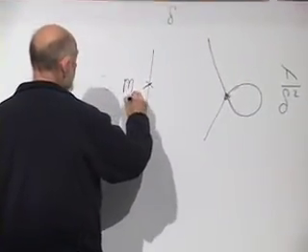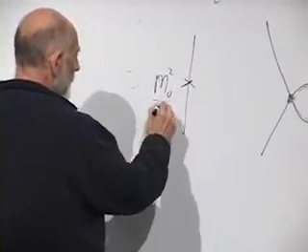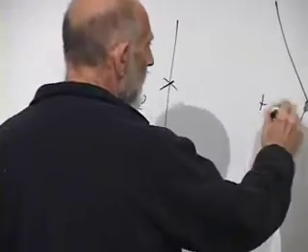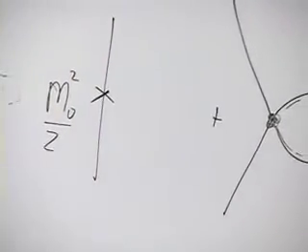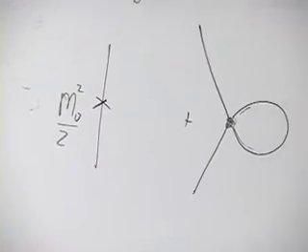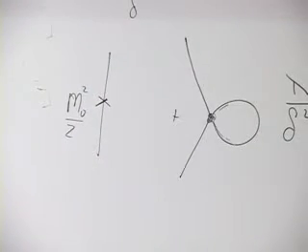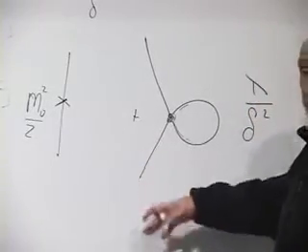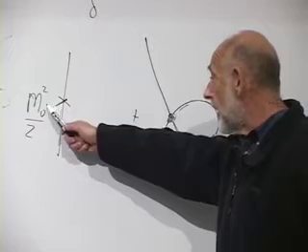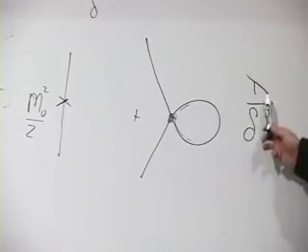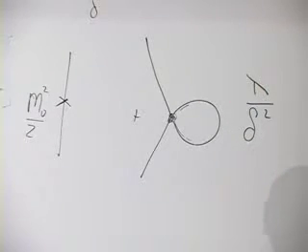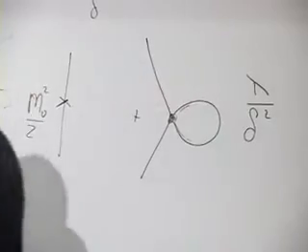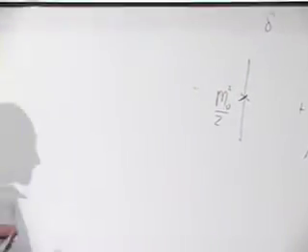M sub 0 squared over 2 plus this over here. Another way to say it is, if you're not going to look at distinctions on such small scales, the effective mass term is m naught squared over 2 plus lambda over delta squared. So this is an example of the renormalization of mass.